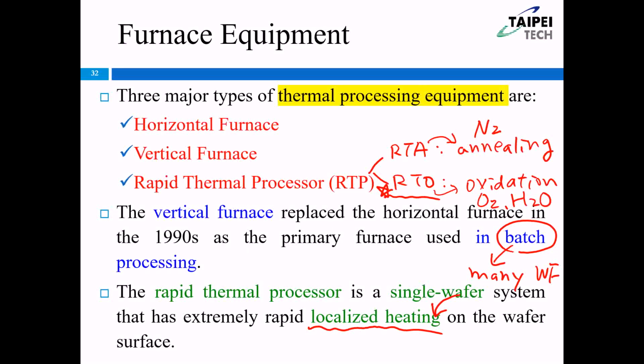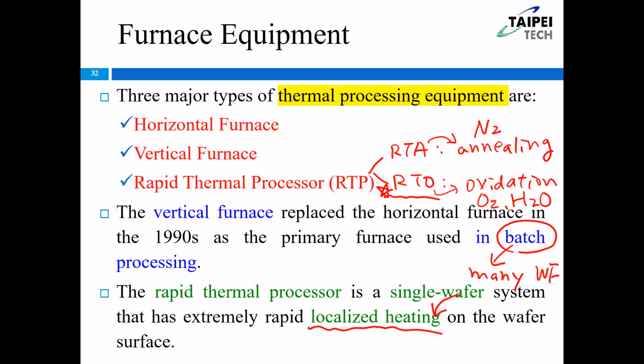It means we can put many wafers in the furnace, okay? So the first difference is that the furnace is a batch system. However, the RTA system is a single wafer system, okay? So one time we can only do the oxidation for one single silicon wafer, okay?